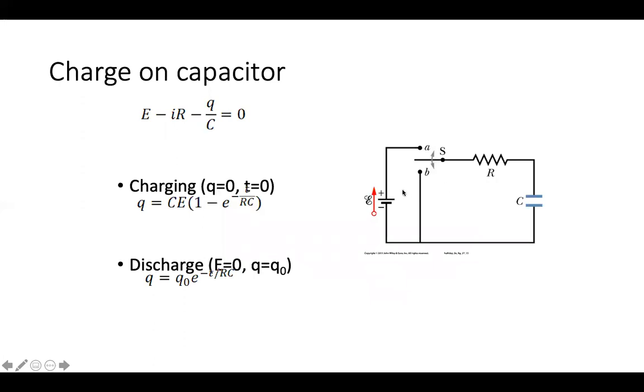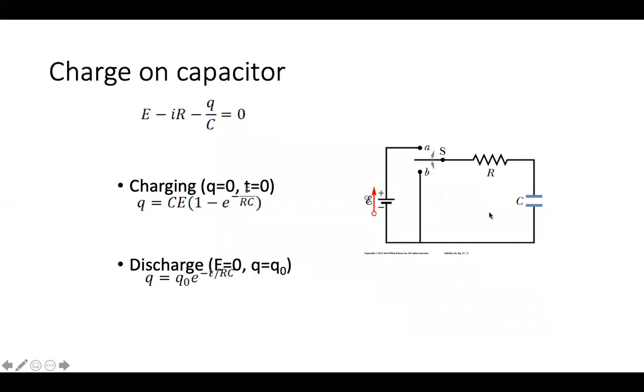Let's look at the charge. When we close the circuit to point A, the potential difference of the EMF will cause the current, which represents the positive charge, to flow. Therefore, the upper side of the capacitor will start to have positive charge, and the lower side, for the same reason, will have negative charge.